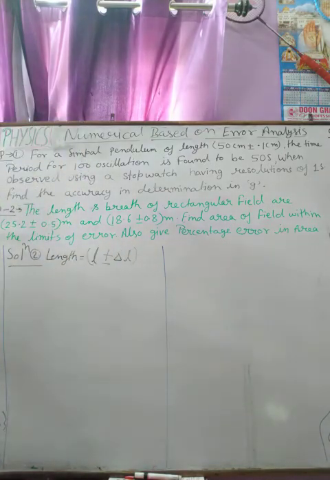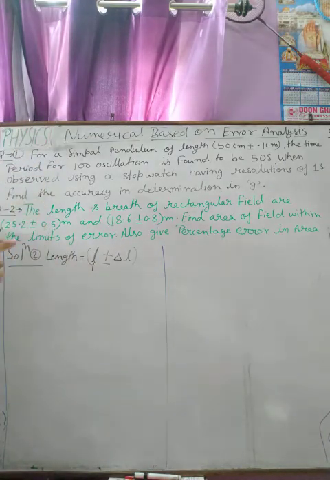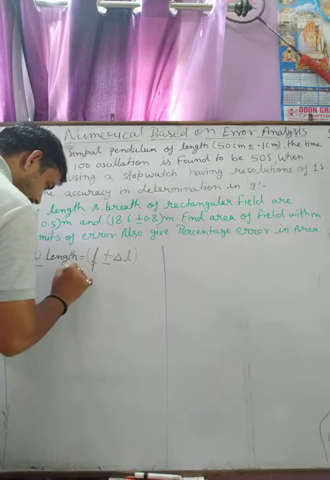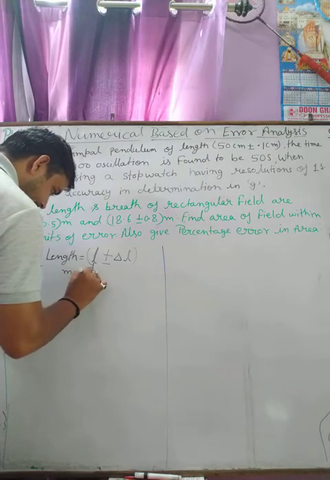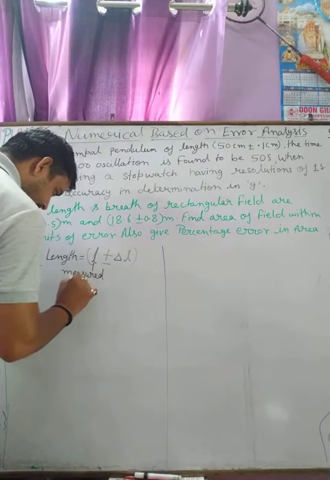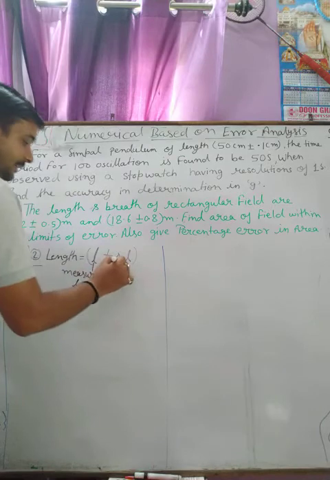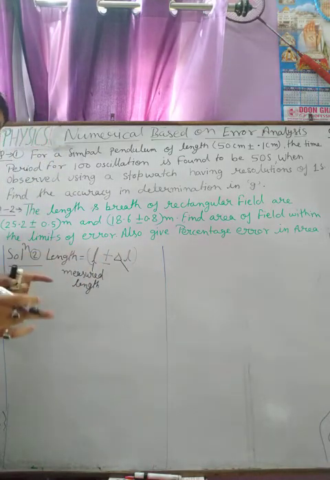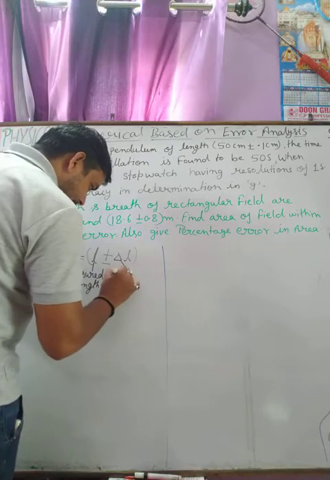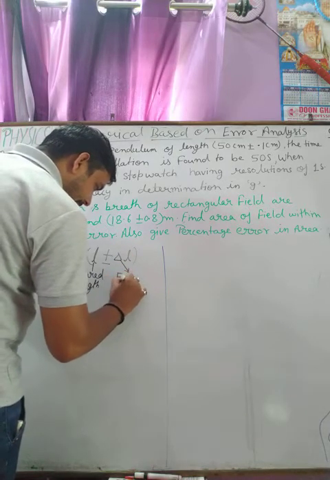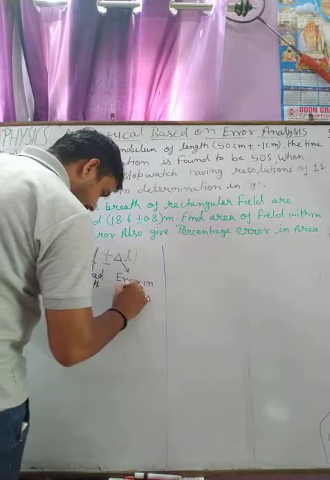In this, L is the measure of length, it is a measured length, and this ΔL is the error in measurement.